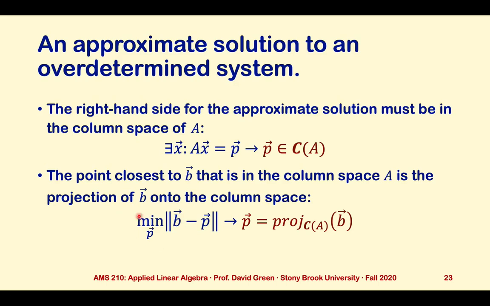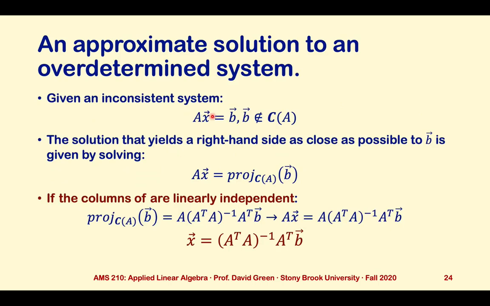How do we find the p that minimizes this distance, subject to p being in the column space? That is, p must be the projection of b onto the column space. And we know how to compute projections.